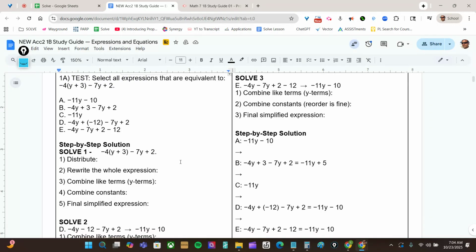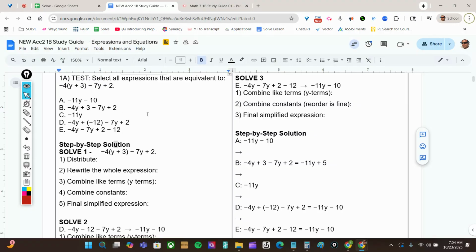So let's see if we can do that. We're going to first solve the original expression down here, starting with distribute. So we're going to distribute over here.